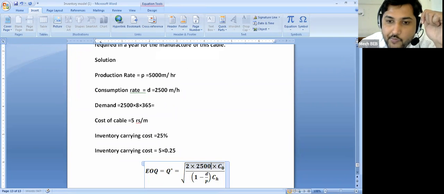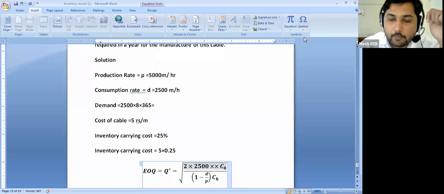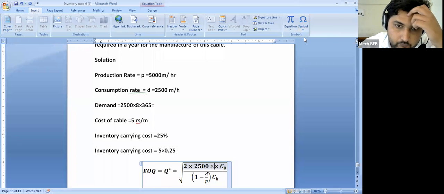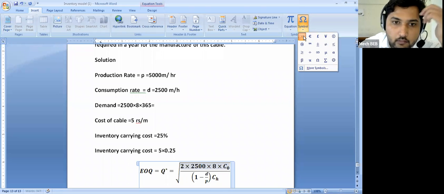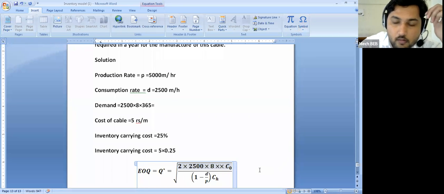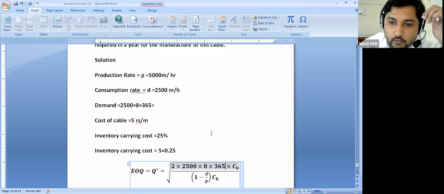So you can directly put in the demand as 2500, multiplied by 8, multiplied by 365. Now, C naught, the ordering cost, is how much?